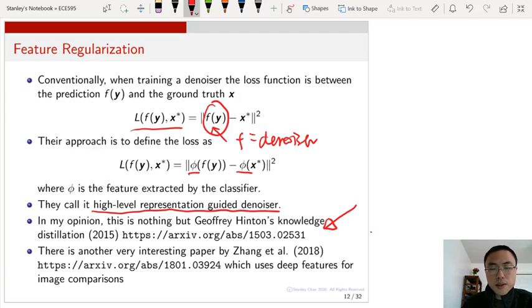There is another paper that would be interesting for you to take a look. This is by Zhang et al. in 2018. And this paper says that if you pull the features and you compare the difference of the feature maps, that will also serve as a very, very good perceptual metric that can tell you what is the similarity between two images.